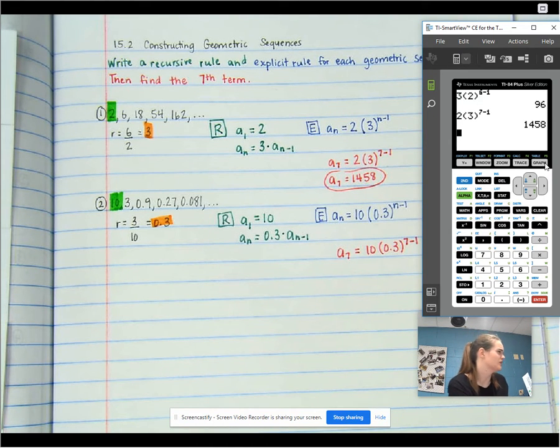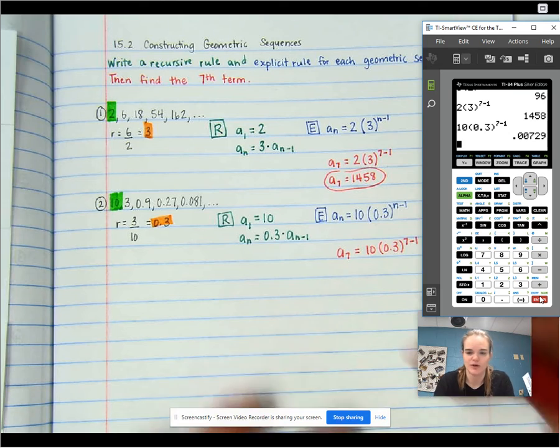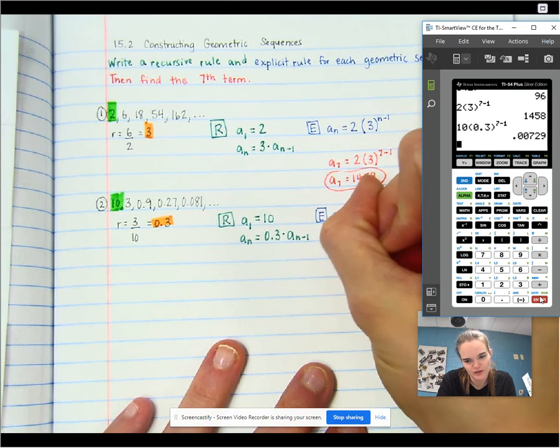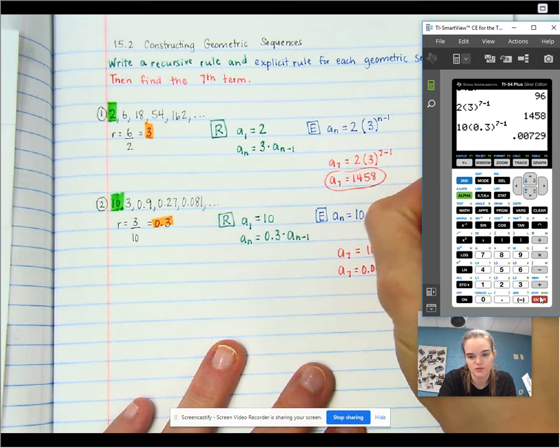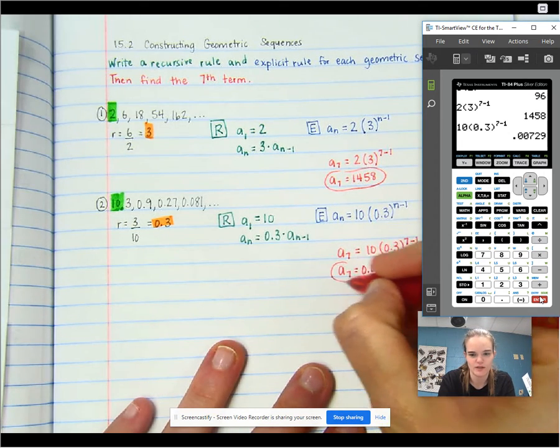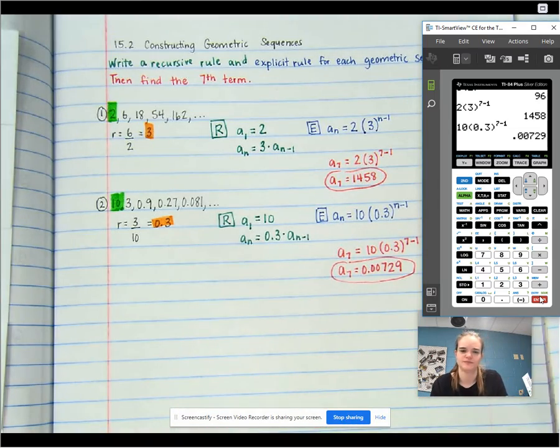We're going to type that in the calculator. 10 times 0.3 raised to 7 minus 1. Okay, and I'm going to write it down just like it says. A sub 7 equals 0.00729. 3 pieces, I've done them all.